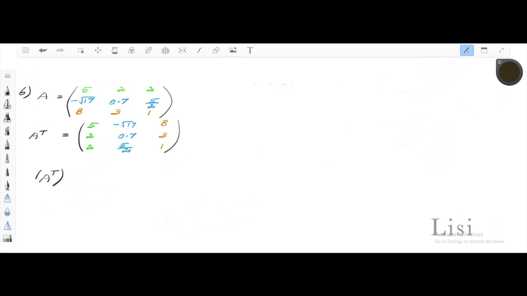A transpose B whole transpose is equal to, so here your first column will become your first row. So it is 5, 2, 2.